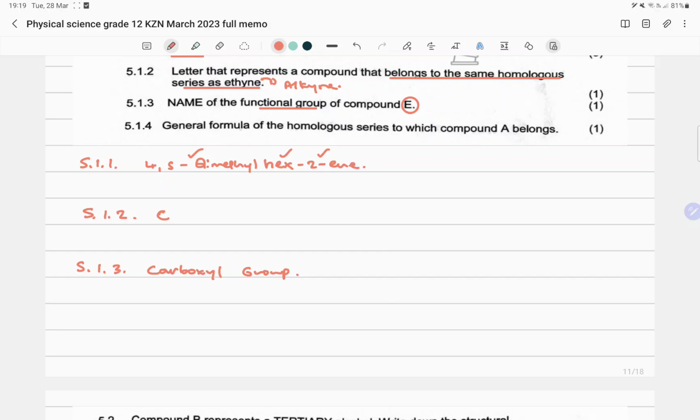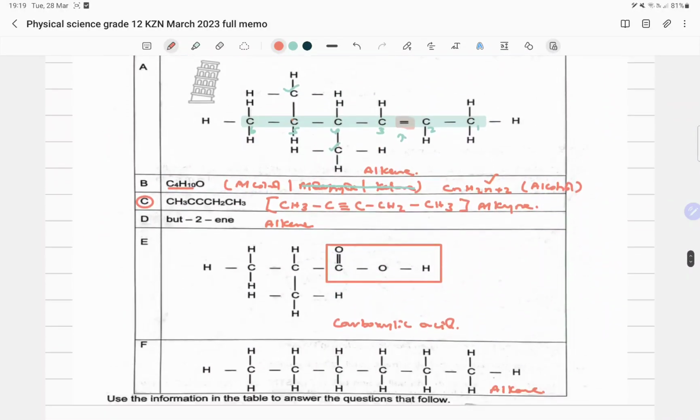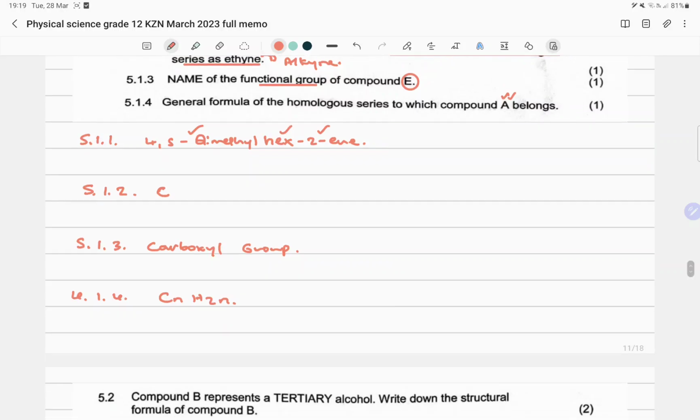Easy stuff. The general formula of the homologous series to which A belongs. A is essentially an alkene. So the general formula for alkenes is what? CnH2n. Easy.